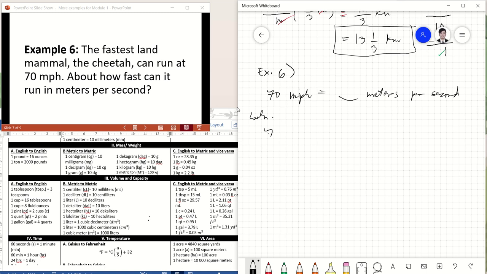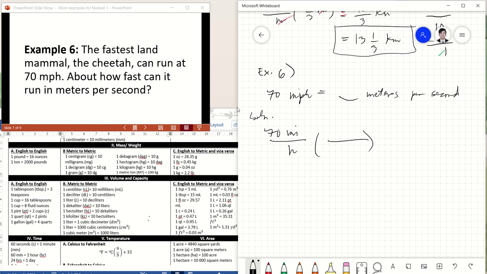So, as a solution, 70 miles per hour is just 70 miles per hour. Don't forget mph is not meters per hour. That's miles per hour. So you put miles, then fraction bar h in the denominator.